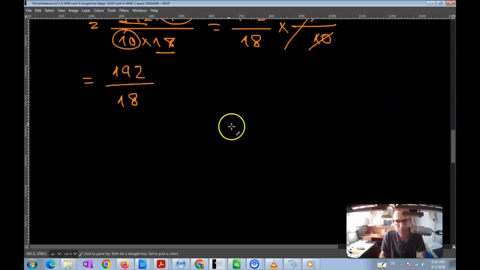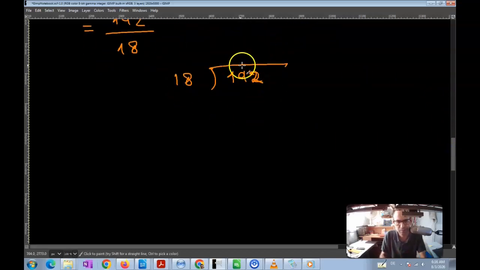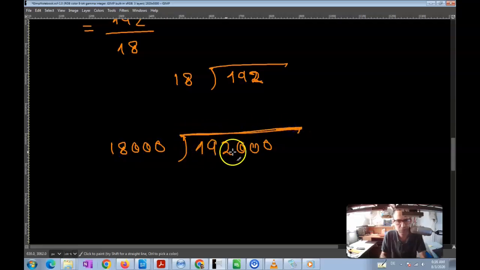This way your operation becomes much easier, much simpler, compared to the calculation that we had before, which was something like this: 192,000 divided by 18,000. This is just simply 192 divided by 18. Going through this calculation is much simpler now. Okay.